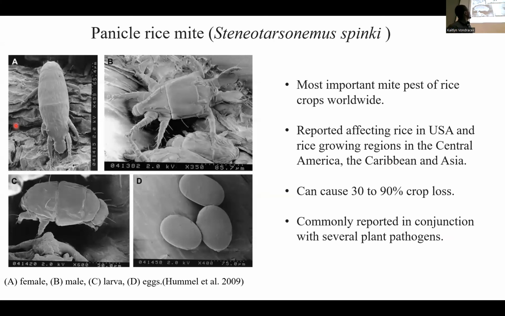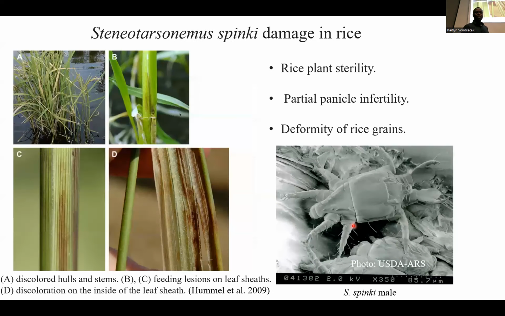And here I have pictures of the female. You can see the male here, and it still has those hind leg modifications that I talked about, and the eggs. The interesting thing about this mite is that it's commonly reported in conjunction with several plant pathogens. You rarely find it alone. If you look at the damage, photo A here shows the discolored hulls and stems, how they look from afar.